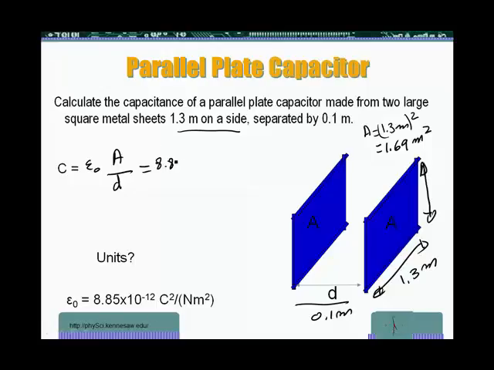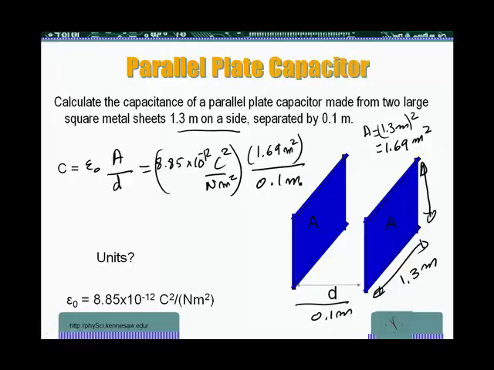It's 8.85 times 10 to the minus 12 coulomb squared over Newton meter squared, times A, which is 1.69 meters squared, over D, which is 0.1 meter.